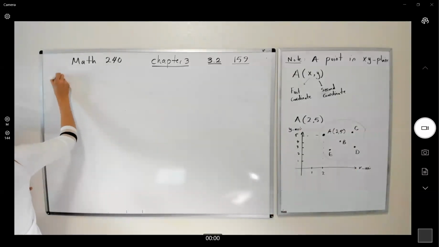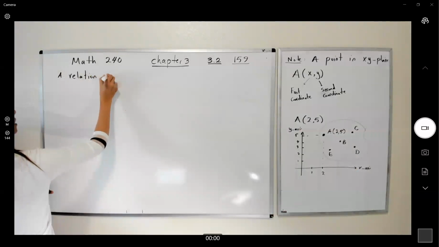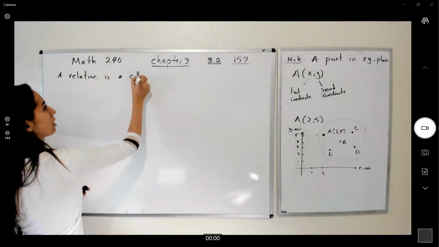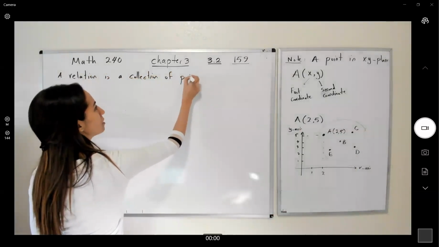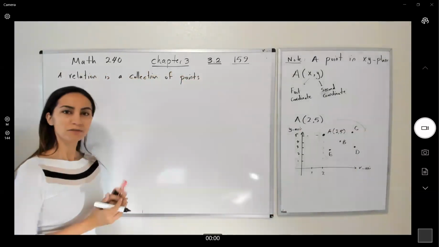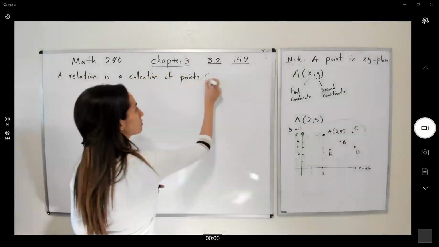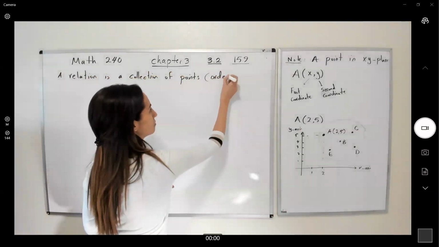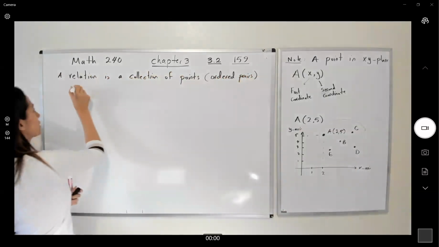So a relation is a collection of points. We also call points ordered pairs in the xy plane.